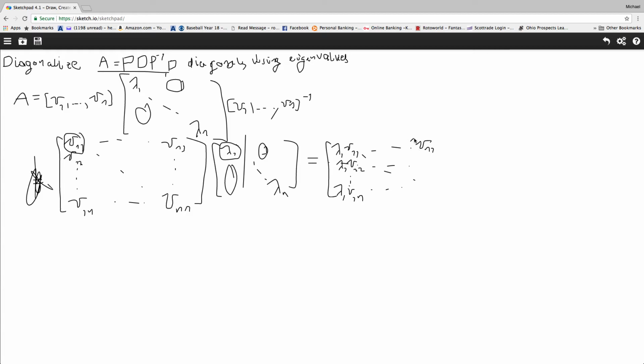So we'll get lambda n times Vn1, all the way down until lambda n times Vnn. But what do we know about lambda, the eigenvalue, times the eigenvector? It's just the matrix A times each individual one. That's what this is showing.